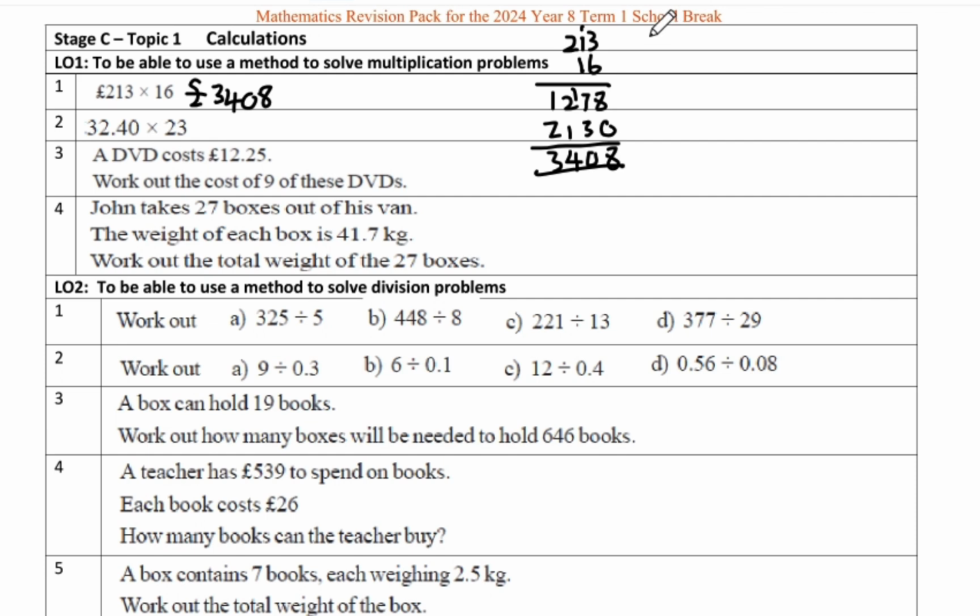Question 2, 32.40 multiplied with 23. So we will take 32.40 multiplied by 3 first. And we'll add a 0 at the back.